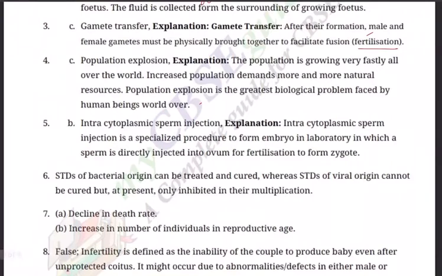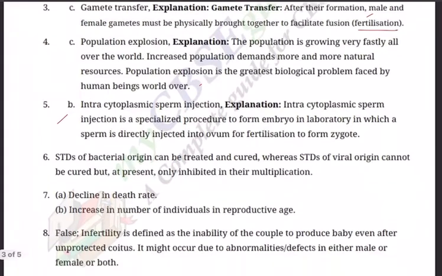Question 5. Intracytoplasmic sperm injection. Intracytoplasmic sperm injection is a specialized procedure to form embryo in a laboratory. So artificially we are doing it, in which a sperm is directly injected into the ovum for fertilization to form zygote.